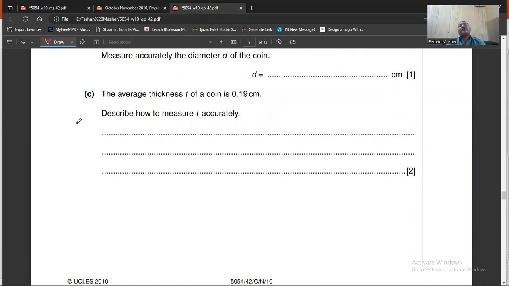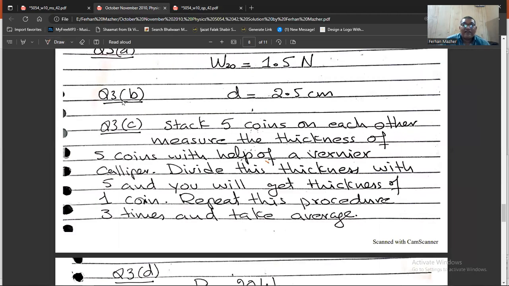You can also put 3 or 4, 5 coins, make a stack of 5 coins, and then with the help of the vernier caliper, measure the thickness of the 5, then divide that thickness by 5, and you get the thickness of 1 coin. And this will be a more accurate method.